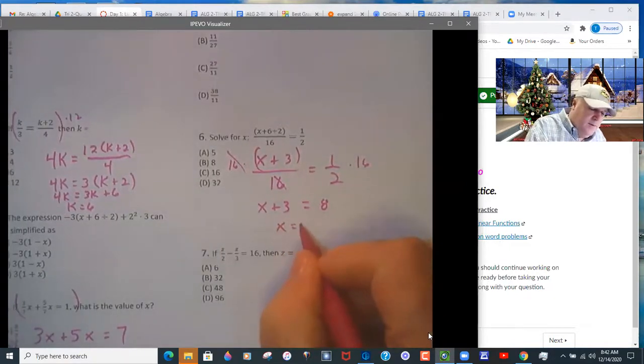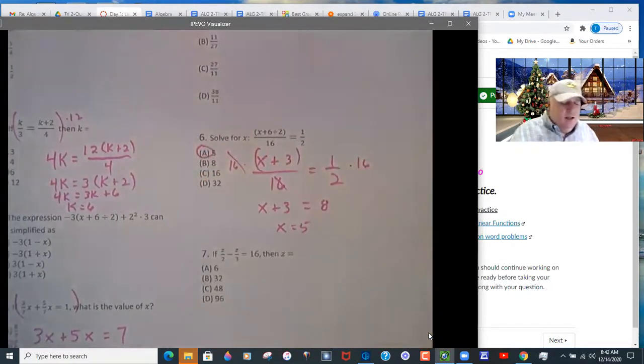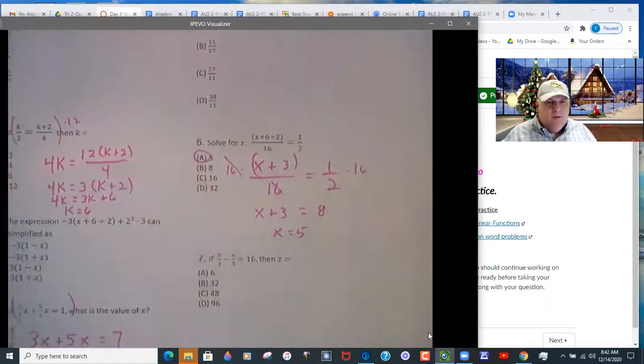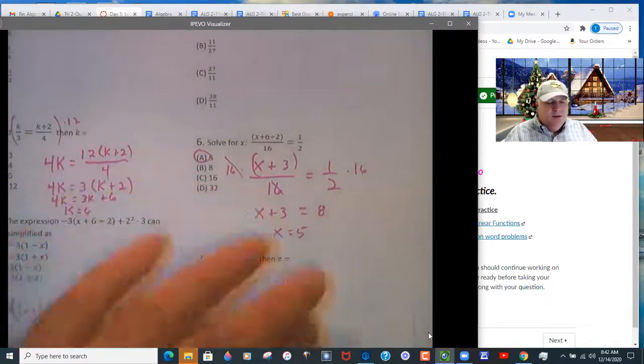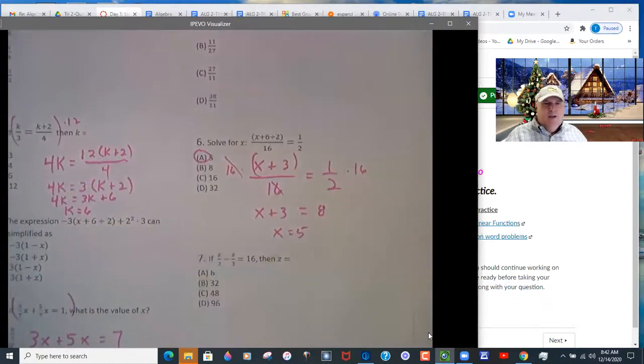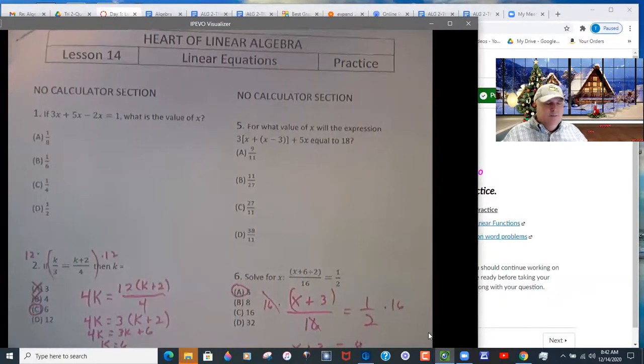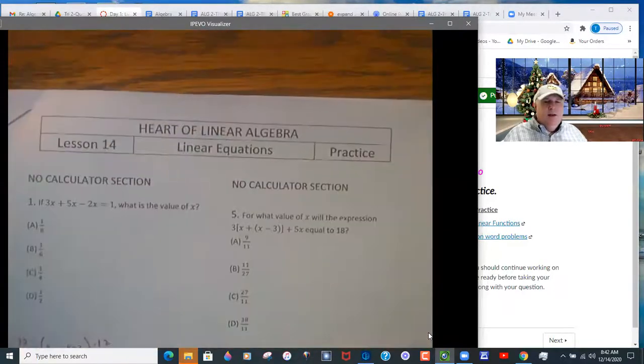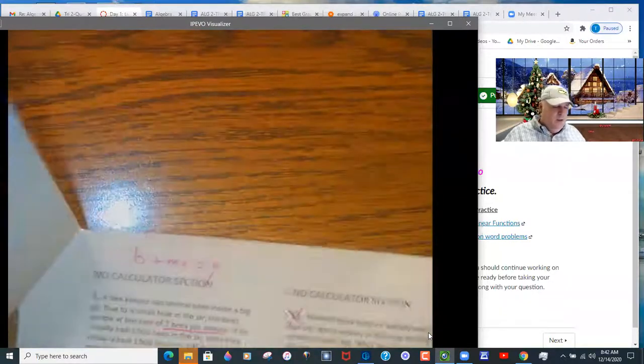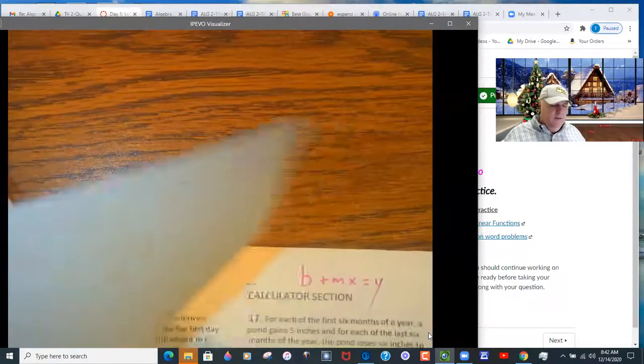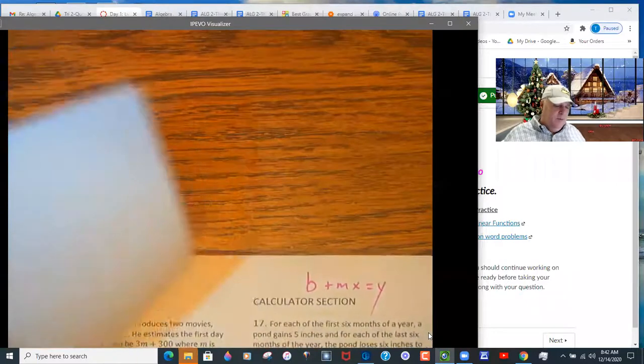Okay, and then 5 is the answer, and again, in a situation like this, it might be easier just to put your answers in and do the guess and check game. I get that, and you always want to be aware of that. But you do want to learn how to eliminate denominators by multiplying. And then maybe look at a few of these basic problems.